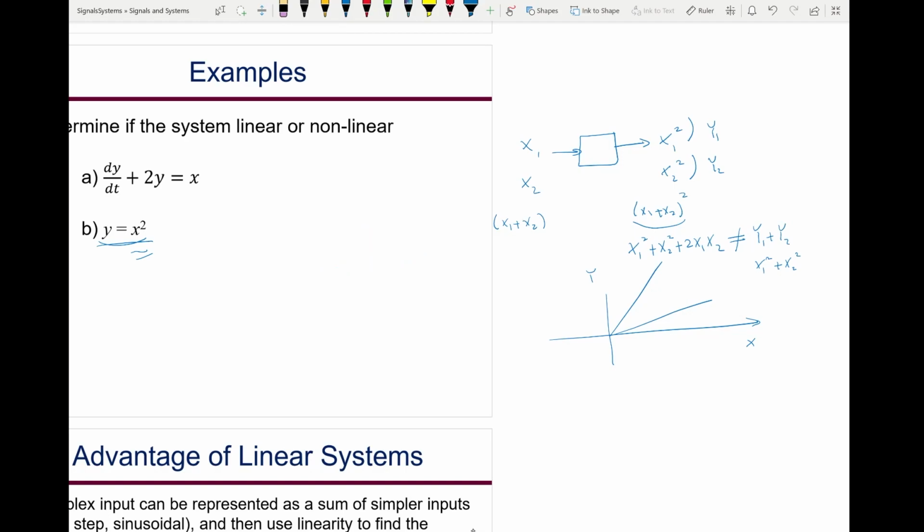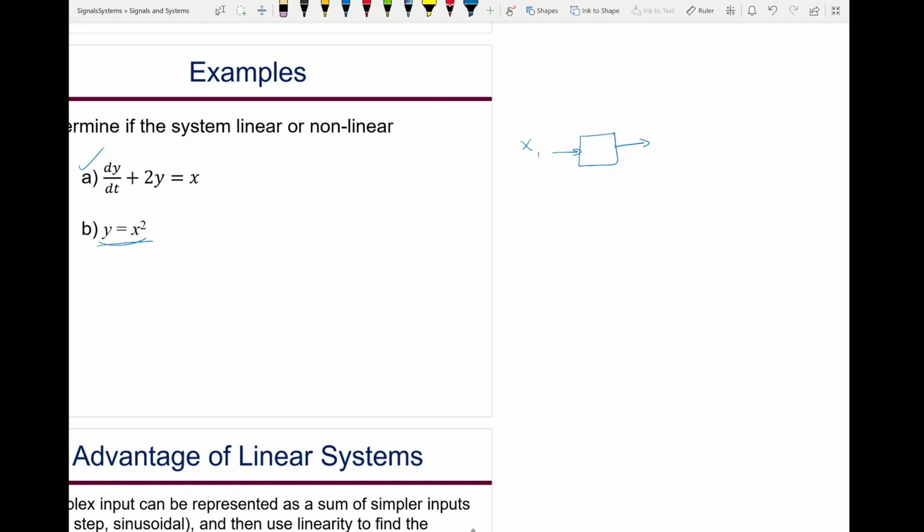Now let's look at this example and see, is this system a linear system? We're going to start with the following. If I have an input x1 and an output, let's call it y1, a second input x2 and an output y2, and a combination of both of them, x1 plus x2, if the output is y1 plus y2, then the system is linear.